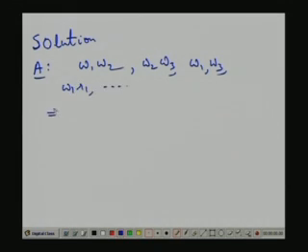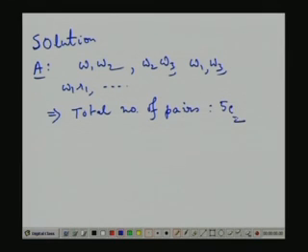So, the total number of pairs is how many? 5C2. There are 5 elements, we are just combining, taking 2 at a time. So, that is equal to 5 into 4 by 2, which is 10.